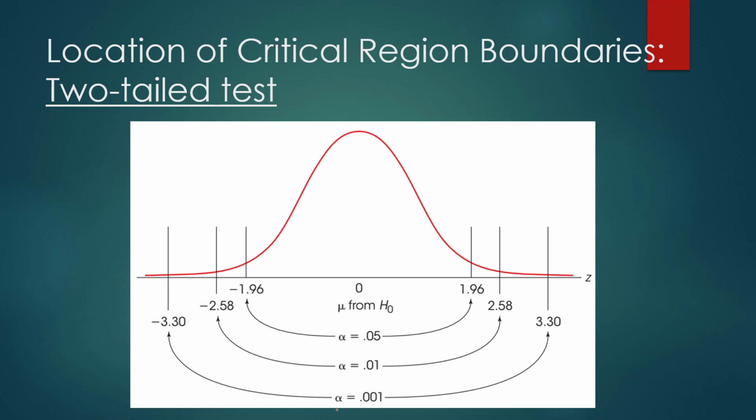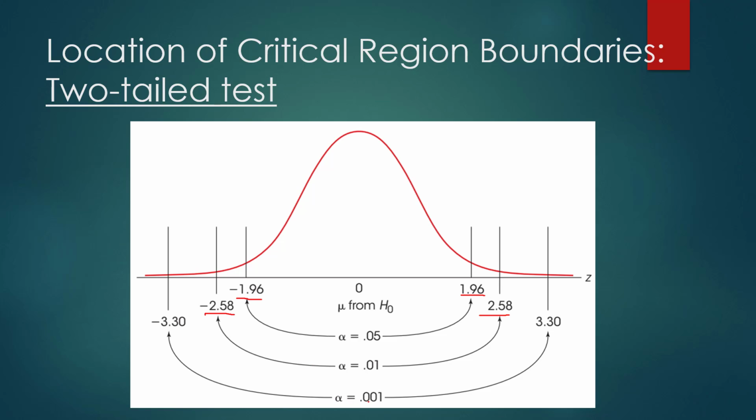So for a two-tailed test, it's kind of like the rule that we had from the previous chapter, where we knew what percentage fell within certain z-score boundaries. We know that for an alpha of 0.05, our critical z is going to be plus or minus 1.96. For an alpha of 0.01, it's going to be plus or minus 2.58.